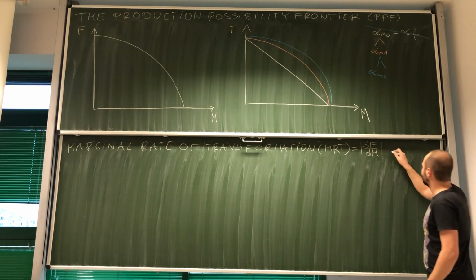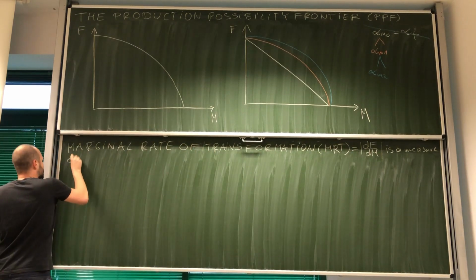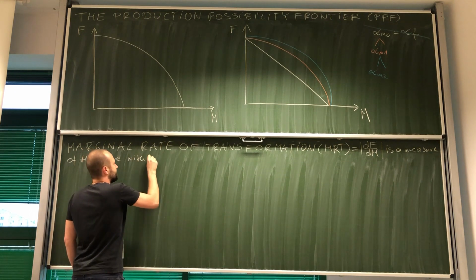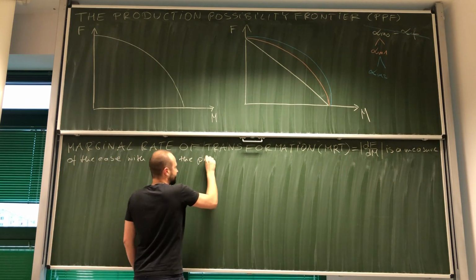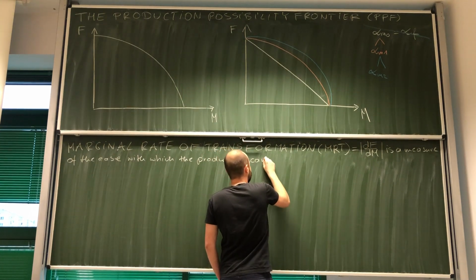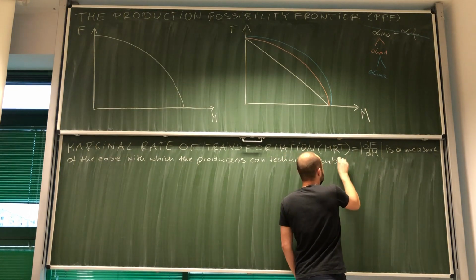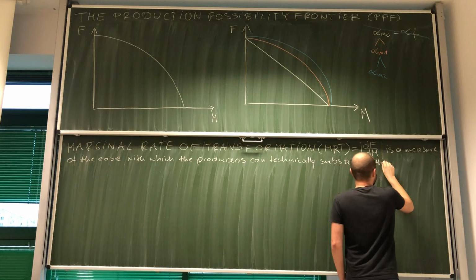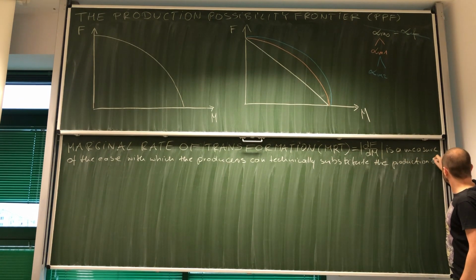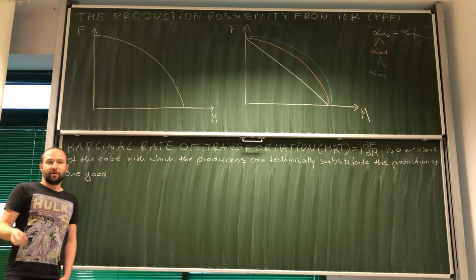The marginal rate of transformation is a measure of the ease with which the producers can technically substitute the production of one good for another at the margin.